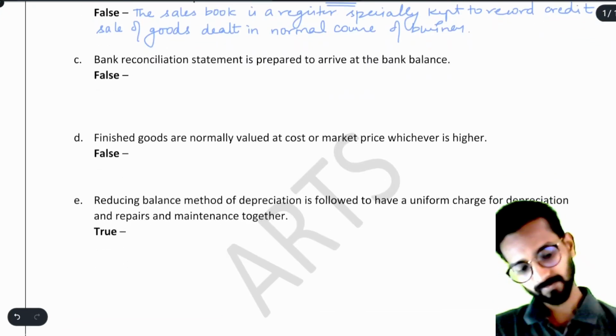Now after that, bank reconciliation statement is prepared to arrive at the bank balances.